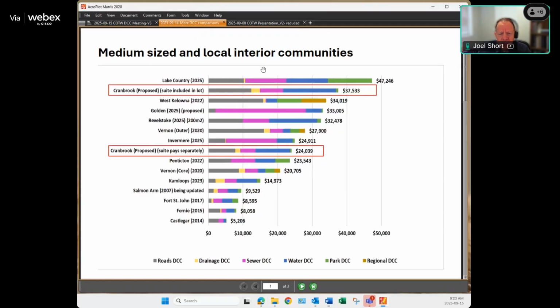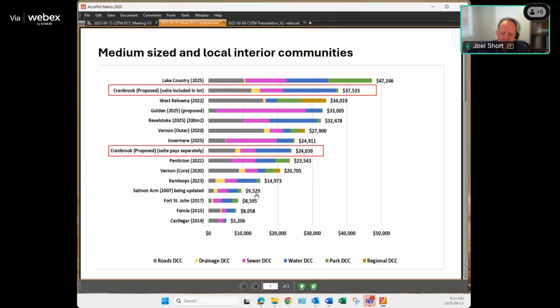I've got some other groupings as well. And you can see here's Cranbrook proposed with a suite paying separately, and here's Cranbrook proposed with a suite included in a lot. And we've got Lake Country, West Kelowna, Golden, Revelstoke, Vernon, and you can see here's Vernon's outer DCC, 27,900, and then we've got Invermere, Penticton, and then the Vernon core, which is more like 20,000 instead of 27,000, and then we've got Kamloops, and then some of these that are really out of date.